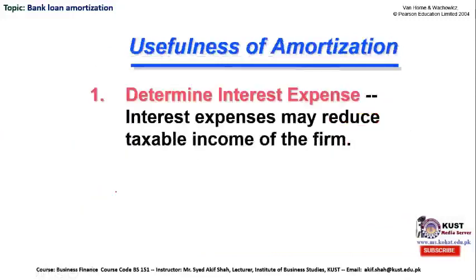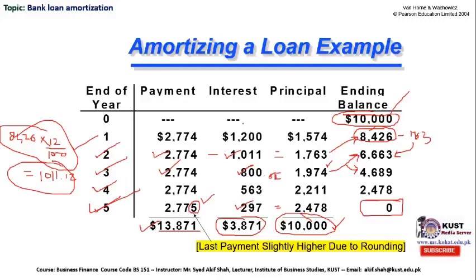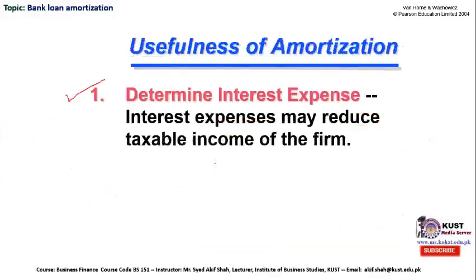Let's discuss the usefulness of amortization. What is the benefit, or what are the usefulness of this loan amortization for an investor, business organization, or a banking organization? The first benefit is that you have determined the interest expense. In our previous slide, we can see that this investor or the banking organization is clear regarding the interest expense he or she is going to pay at the end of each year, which she can adjust.